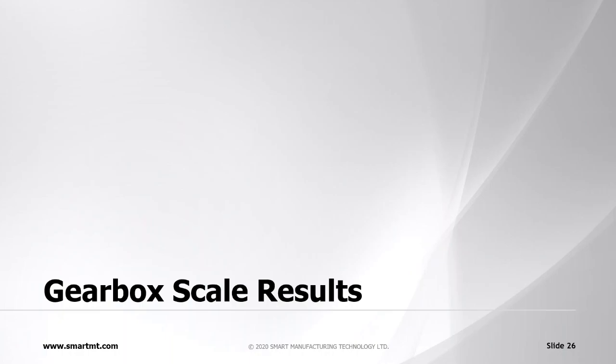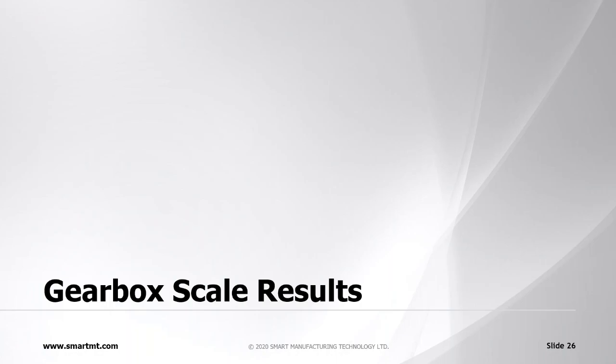Okay, so what we're going to look at now is, instead of looking at some individual gear set results, as we saw there, which is quite small scale, we're going to look at some entire gearbox scale results. So this is more looking at what distribution you might expect if you're looking at a whole gear set rather than just focusing on one thing, and gives you a bit more of a rounded understanding of what might influence other things.